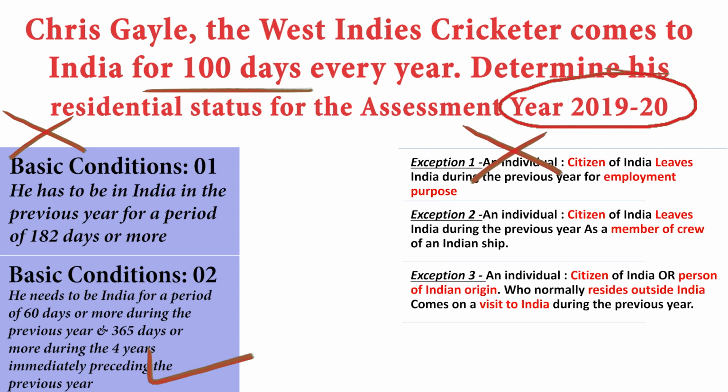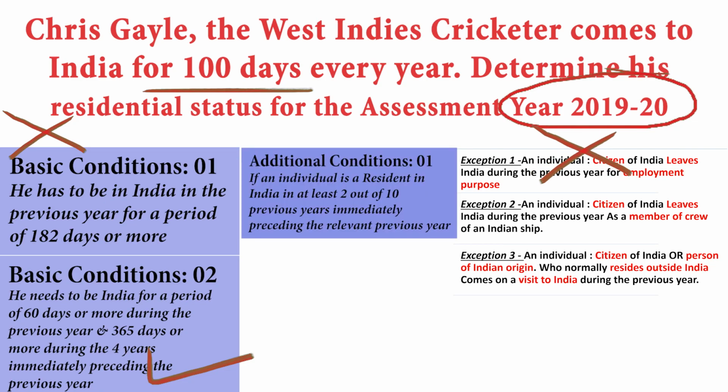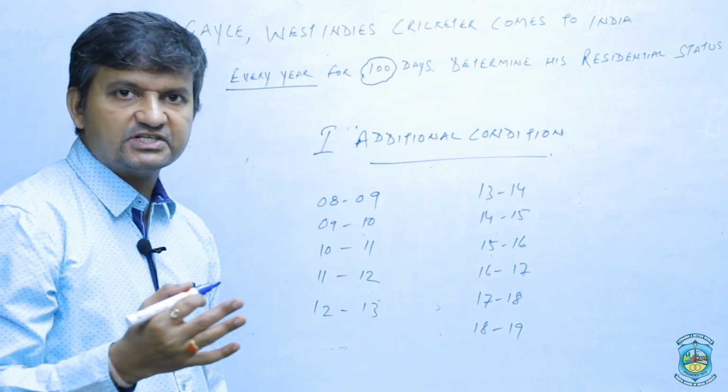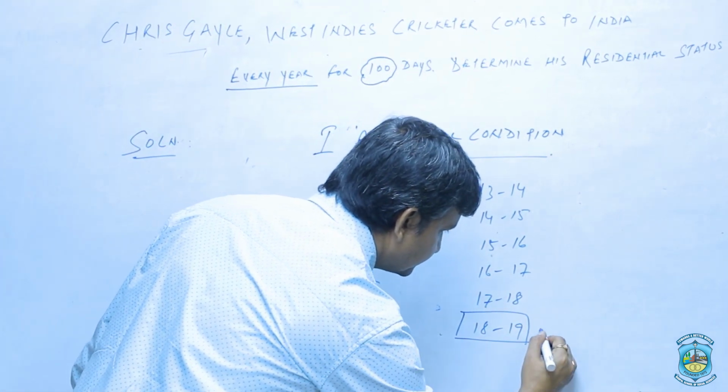What does the first additional condition say? An individual should be resident in any 2 years out of the 10 years immediately preceding the relevant previous year. Now we have taken 10 previous years immediately preceding the relevant previous year. My previous year is 18-19.